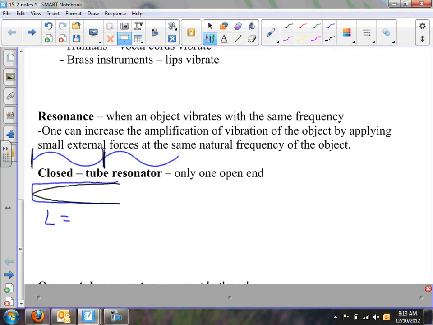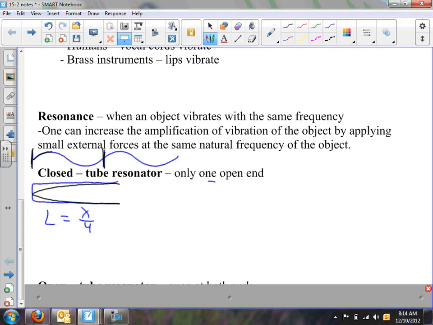What we have in the tube is from the node to the highest point. So we really have this amount of a wave, which would be 1/4, or wavelength over 4. That would be the first place where something resonates in that tube. That would be the first pitch that would resonate if you had a wavelength equal to 4 times the length of the open tube.